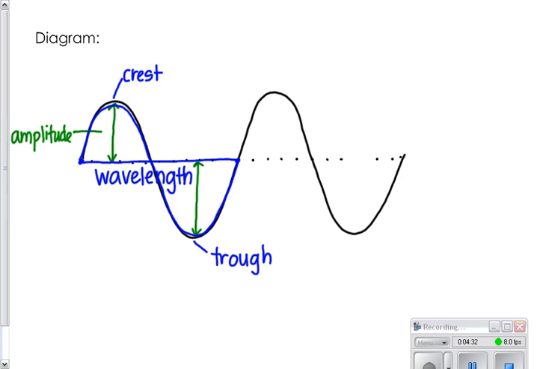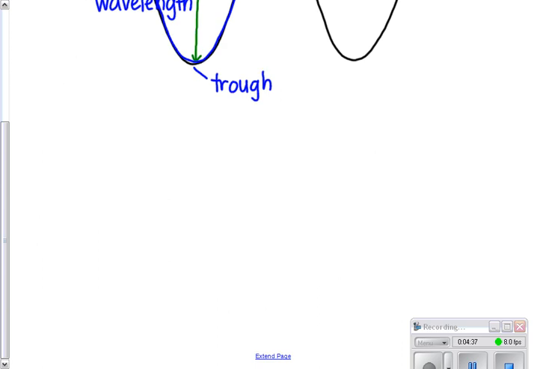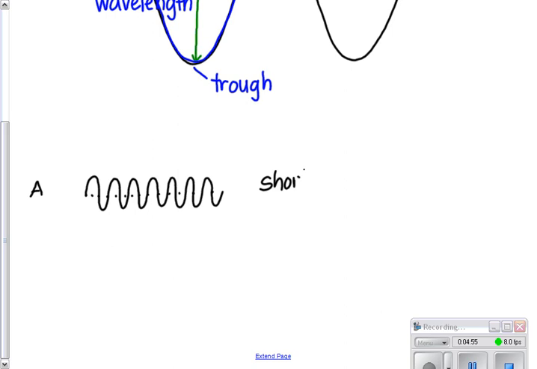Now, if I were to draw one wave with a very short wavelength, I'll call that wave A. Notice the waves are close together, therefore it has a short wavelength. Compare it to wave B, which I'll draw here, that has a much longer wavelength.